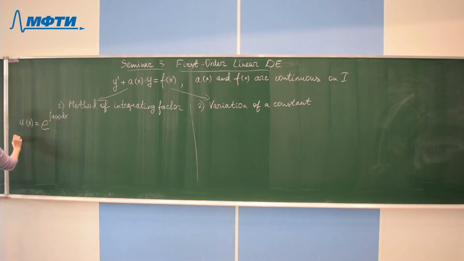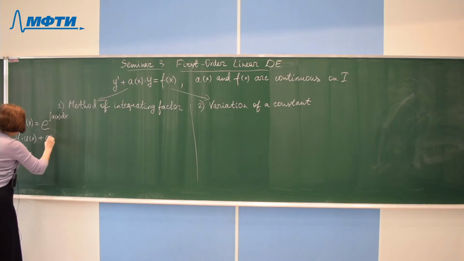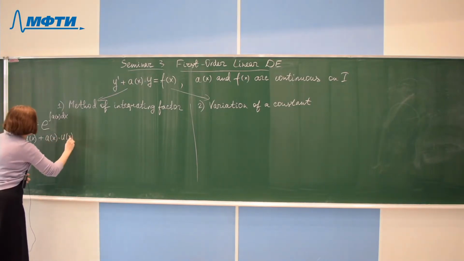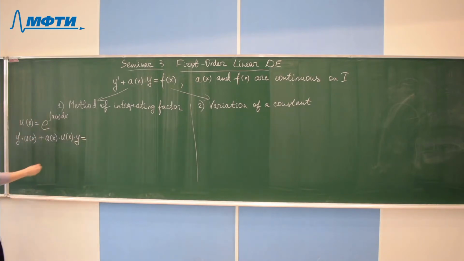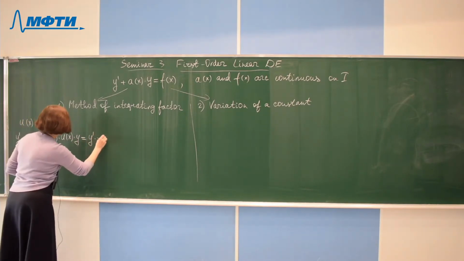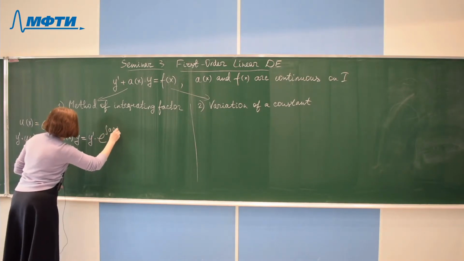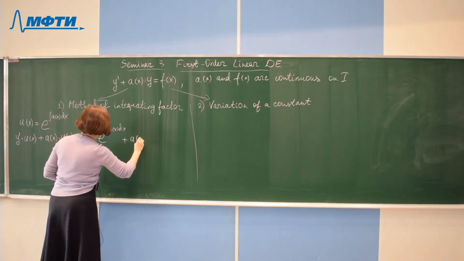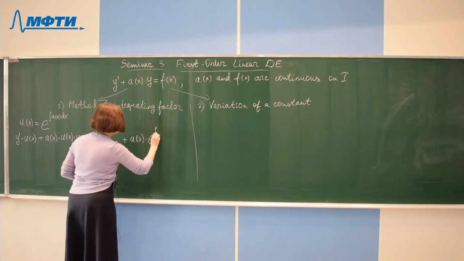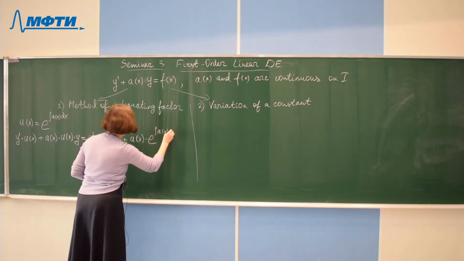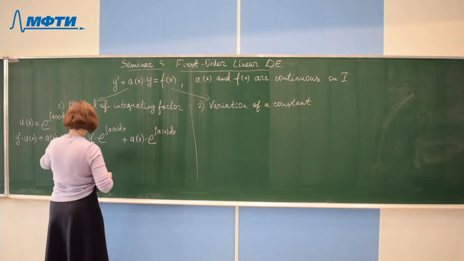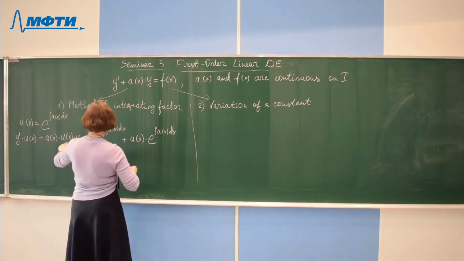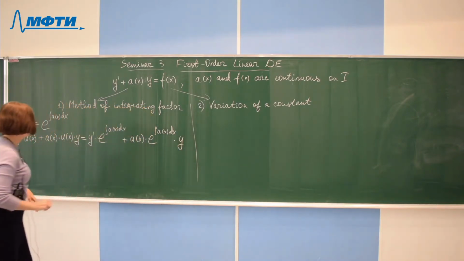We will obtain the following: u prime times u of x plus a of x times u of x times y, and it is the same as u prime times e to the power the integral of a of x dx plus a of x times e raised to the power the integral of a of x dx, times y.